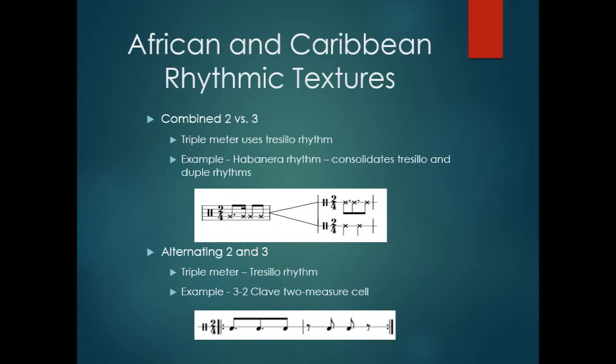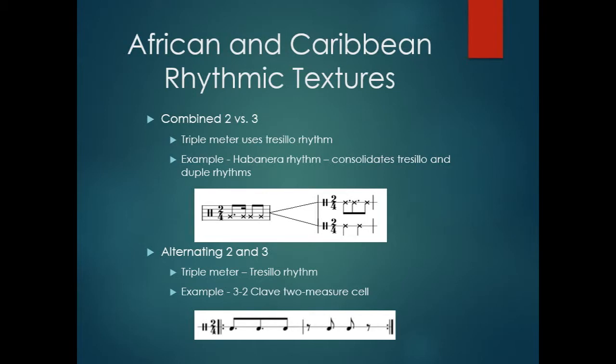With the African and Caribbean rhythmic textures, they not only mix 2 and 3 together, they also alternate 2 and 3. With the combined 2 and 3, the most commonly codified rhythm is the habanera rhythm. So the habanera rhythm is common to Caribbean music and Latino music. This rhythm actually can be divided into the tresillo rhythm and a duple rhythm.